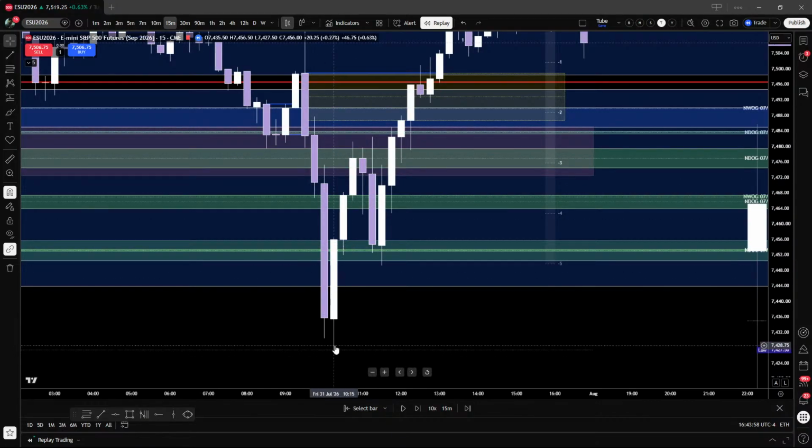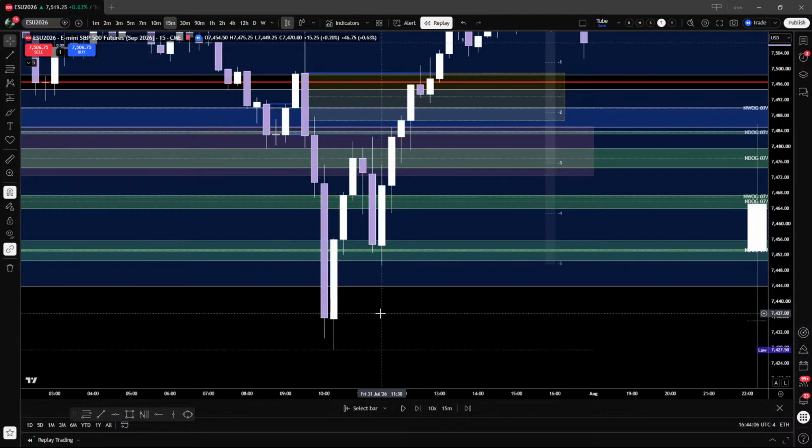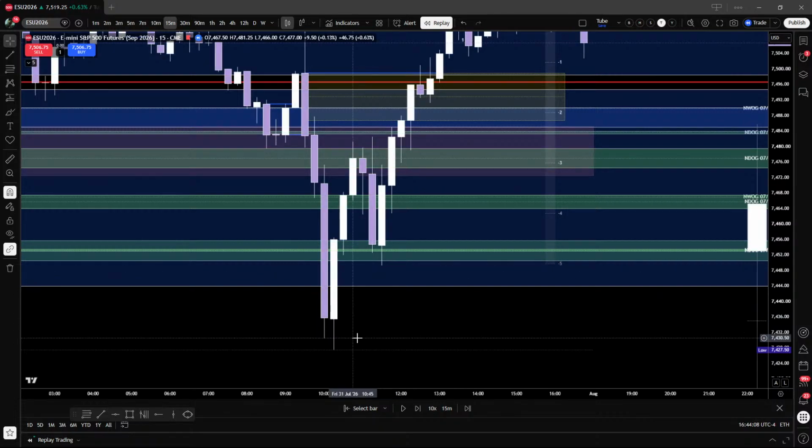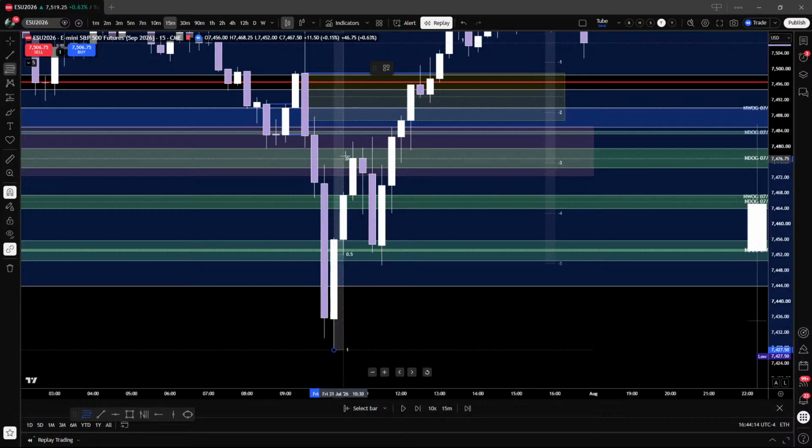Swing low, swing high, and then price went down. So this is one swing. So if we're looking at the 15-minute, then what you would measure is this here.